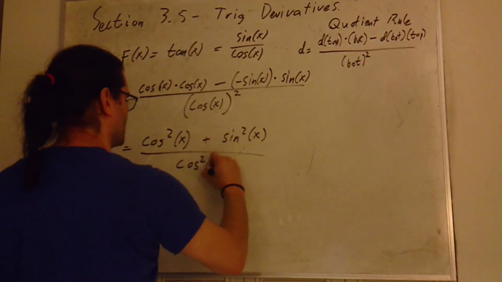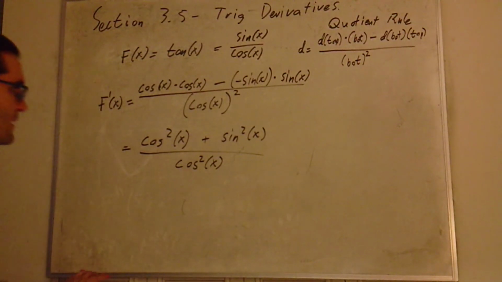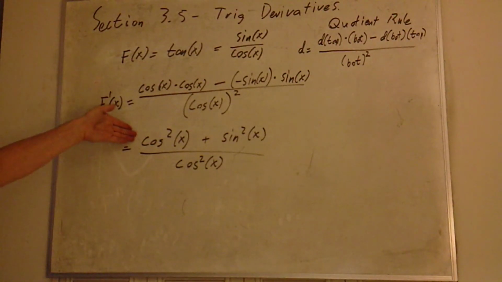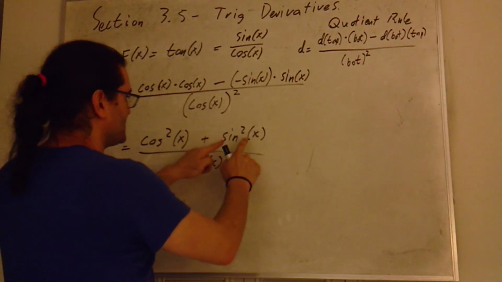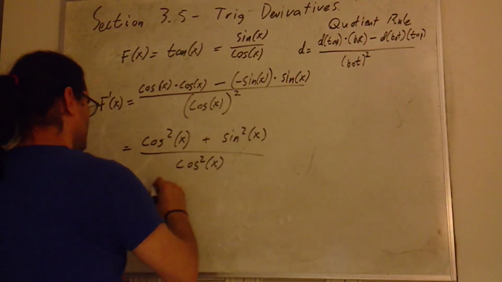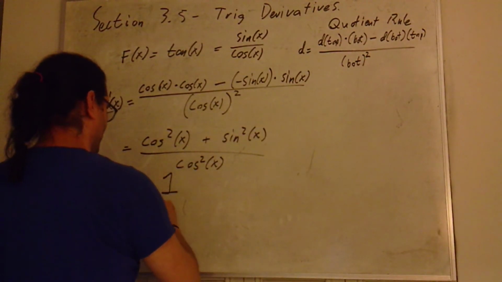The bottom is cosine squared. This is my favorite trig identity of all time, and incidentally the only trig identity I keep memorized because it's the only one that's actually important and worth anything. Cosine squared plus sine squared is 1.